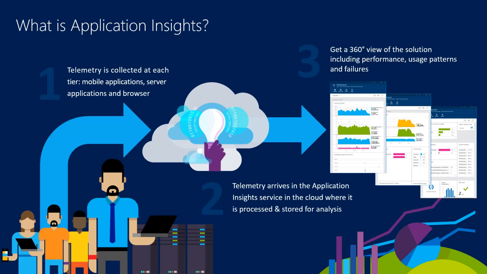It has maybe more to do with the browser side, but how long are people staying on pages? Where do they go next? What do they do next? How many people go to one page but then don't move on to the next? And also from a failures point of view, being able to understand how many times your application is failing, for example.